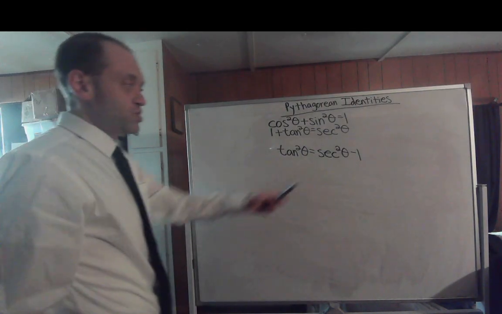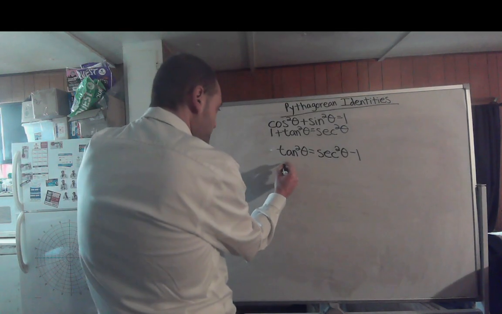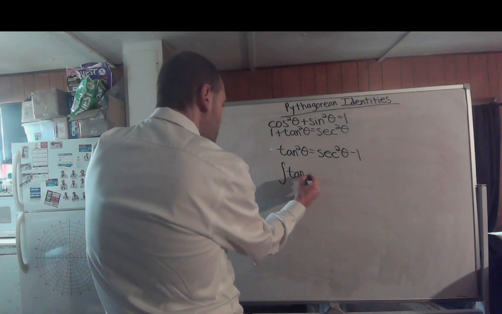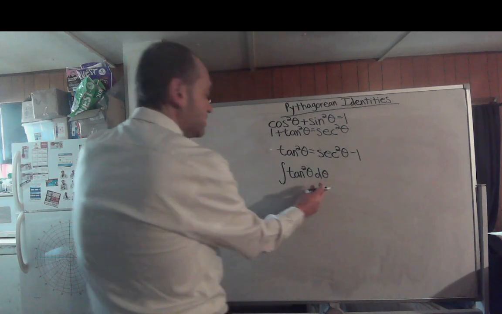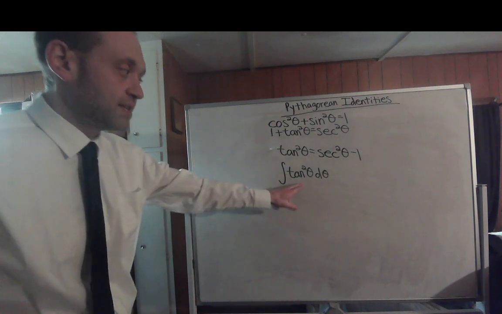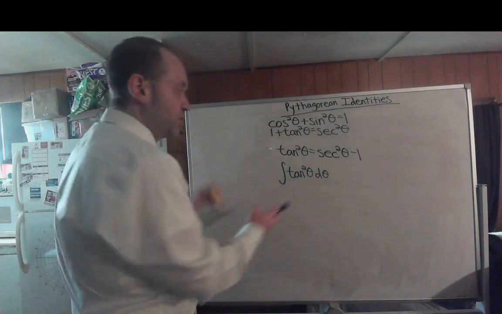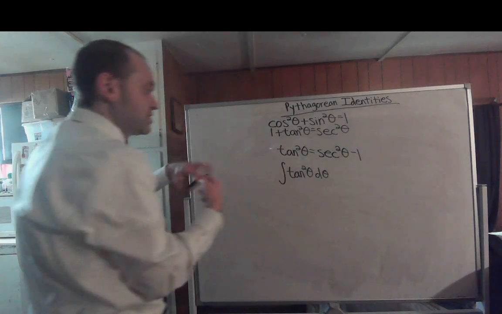And this is especially useful if we were being asked, we're not going to do this today, but let's say you had a problem like the integral of the tangent squared of theta d theta in calculus. This is a calculus problem. You could actually find a problem like this in Calc 1. It would be particularly useful to know that you can make the tangent squared of theta into the secant squared of theta.